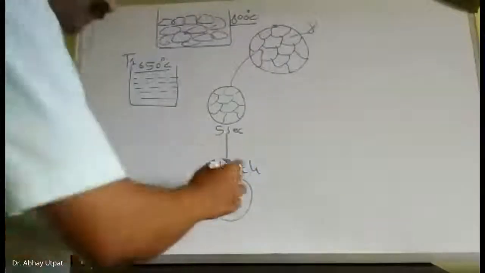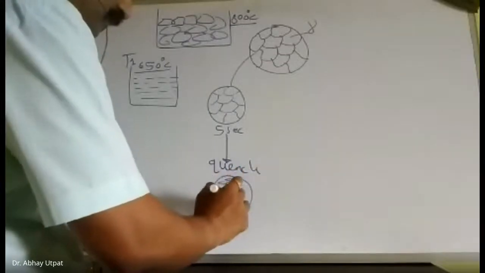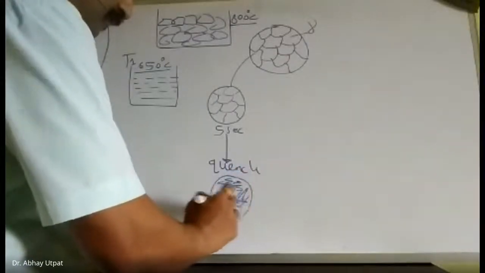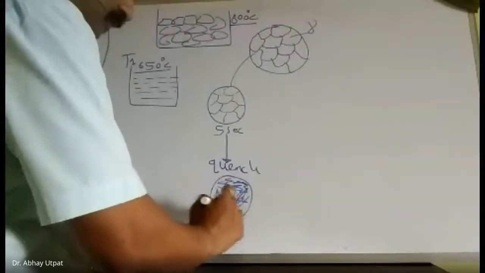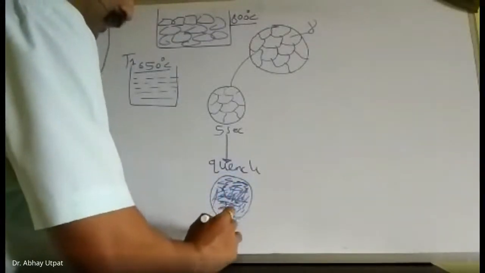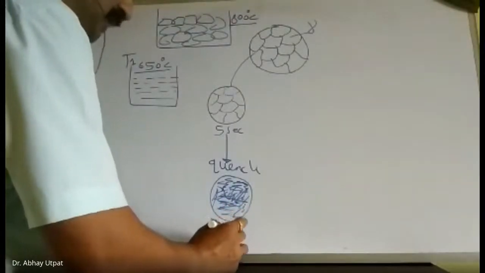After quenching, 100% martensite, 0% pearlite.